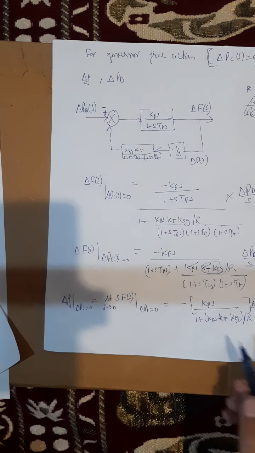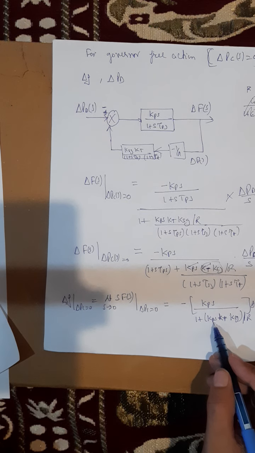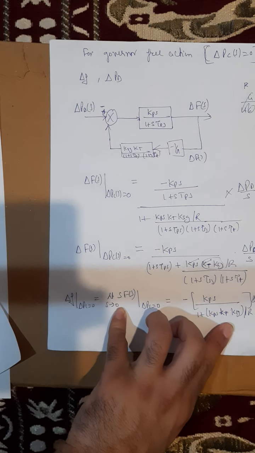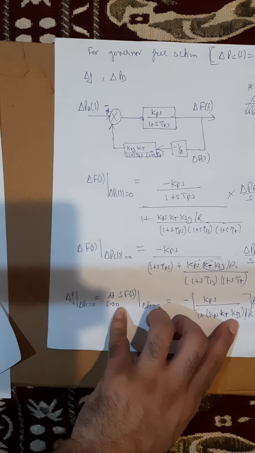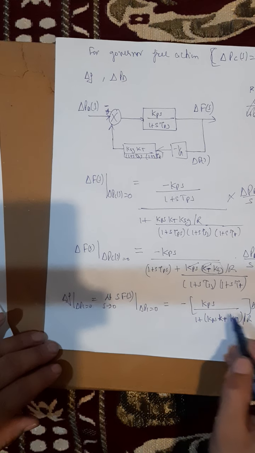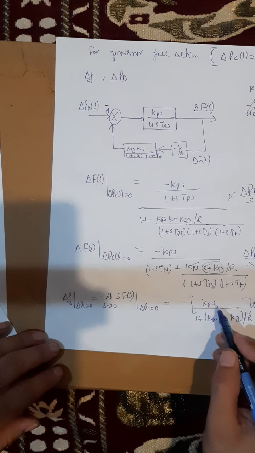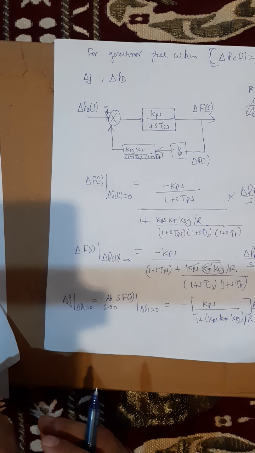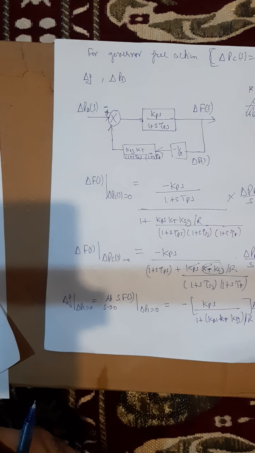Since KPS is fixed for a power system and KT is fixed for a turbine, I can easily adjust KSG so that the product of KT and KSG is equal to 1. I also note that KPS is nothing but 1 by B, and B is the rate of change in demand, motor load, because of the change in frequency.